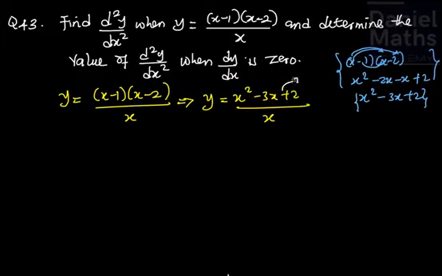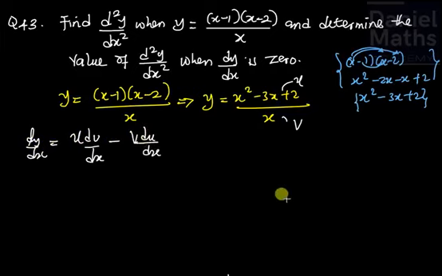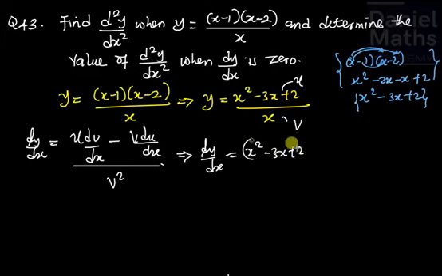If I apply the formula dy over dx is equal to (u dv over dx minus v du over dx) all divided by v squared, then dy over dx is equal to u, which is x squared minus 3x plus 2, multiplied by dv.